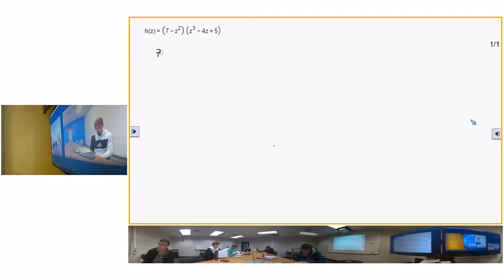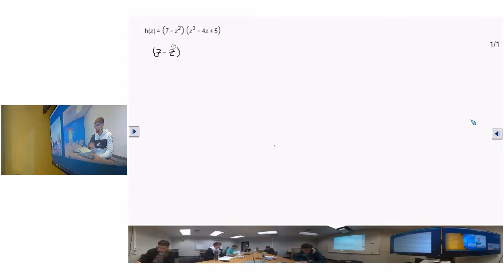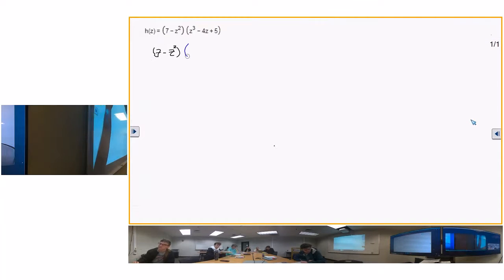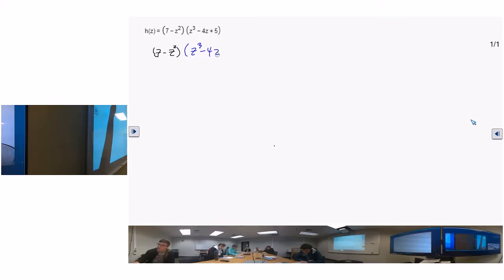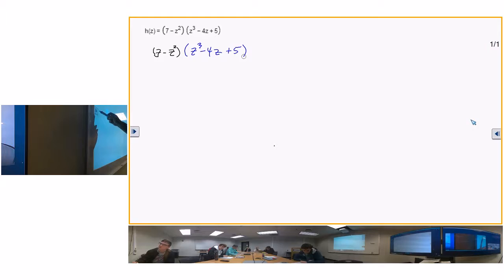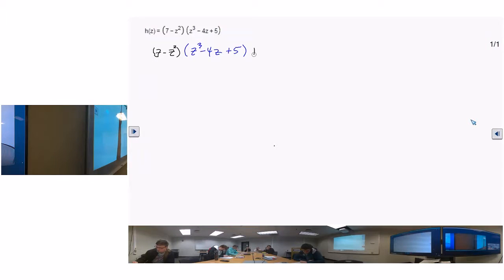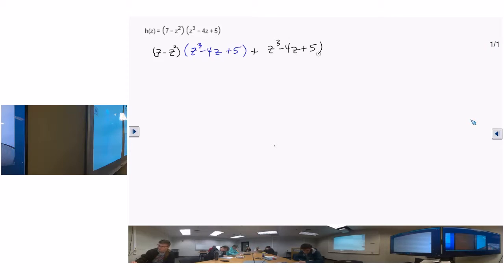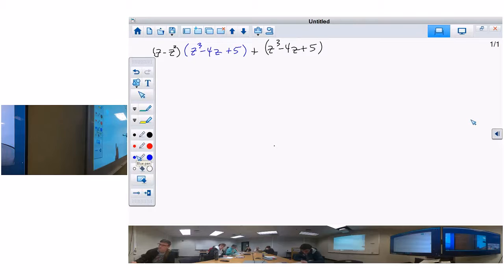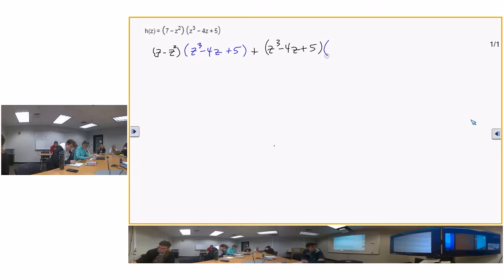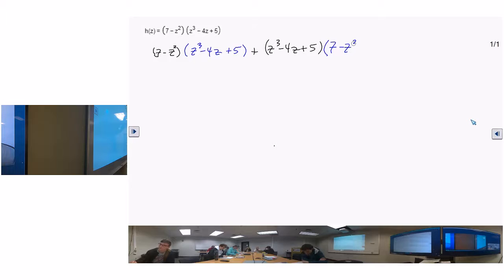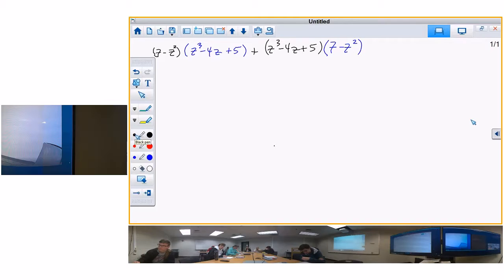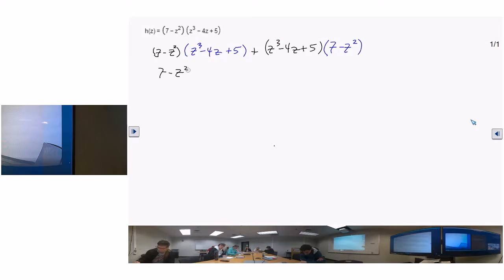The first times the derivative of the second, and I'll do it in blue. z to the third minus 4z plus 5 plus the second times the derivative of the first. So 7 minus z squared.